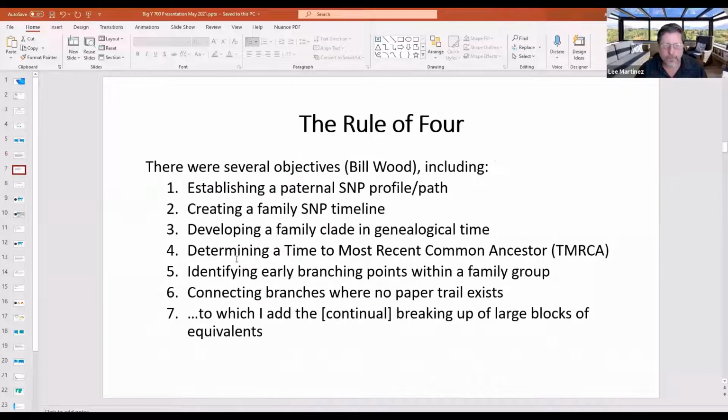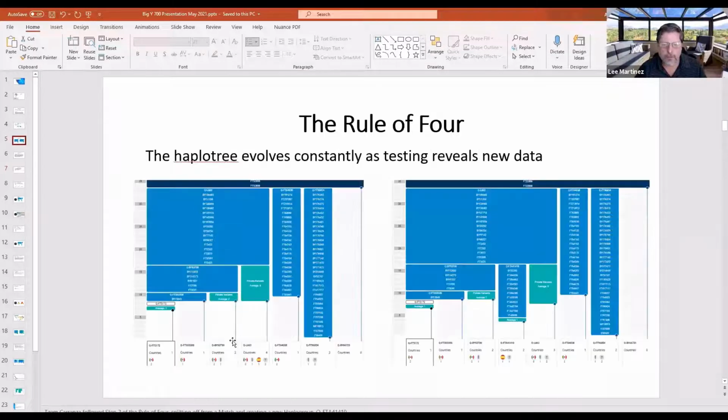All right. So these first 6 are the objectives that Bill would put out for his rule of 3. Establish a paternal SNP profile, and I'll show you what that means. I'll just show you now. So a SNP profile means that you have a path from you all the way back to the beginning of time.